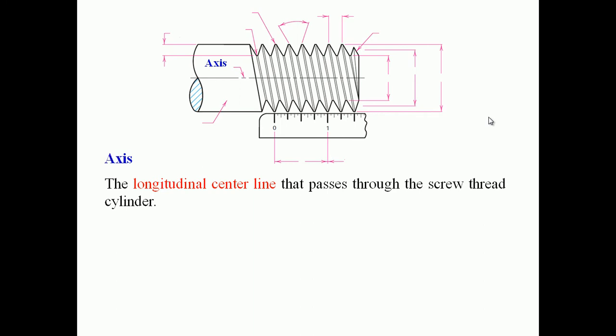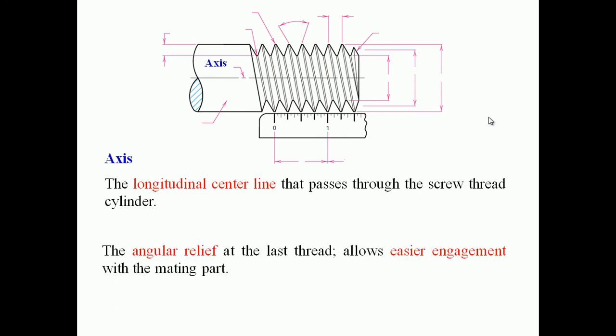That's the first term. The second one is the angular relief at the last thread. If you see the diagram, the last thread is this one. The angular relief at the last thread, that position which allows easier engagement with the mating part, I already discussed in the class.